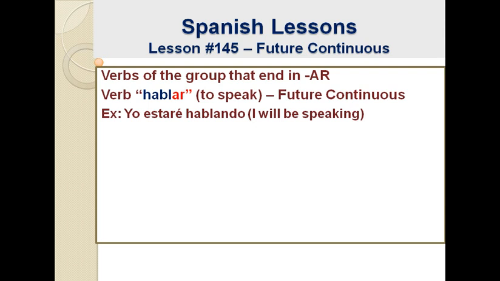I will be speaking. We use the auxiliary verb estar, right? Estaré hablando. Estaré is a conjugation of the verb estar. Same as in English, will be, okay? We are using the auxiliary verb to be for this tense, okay?